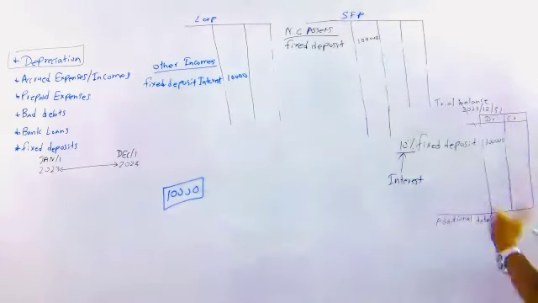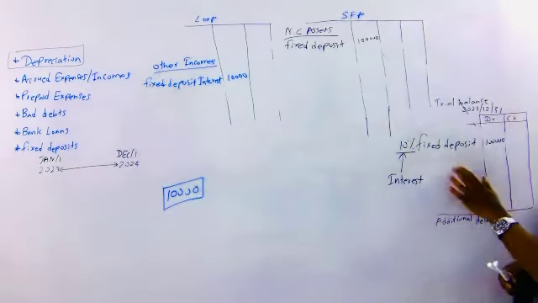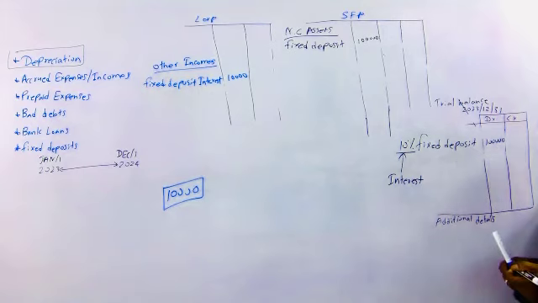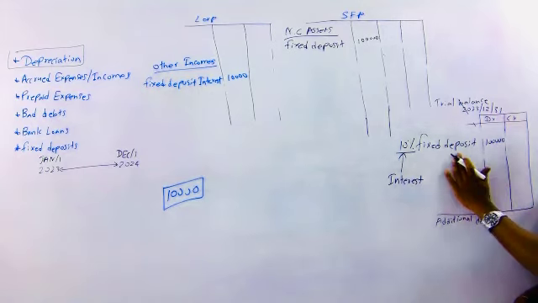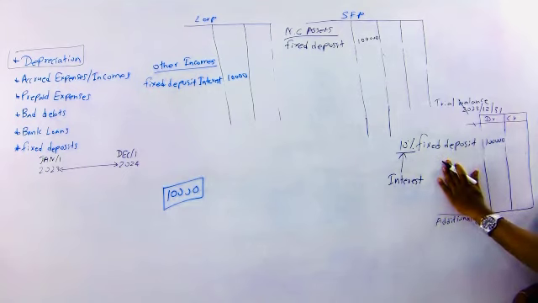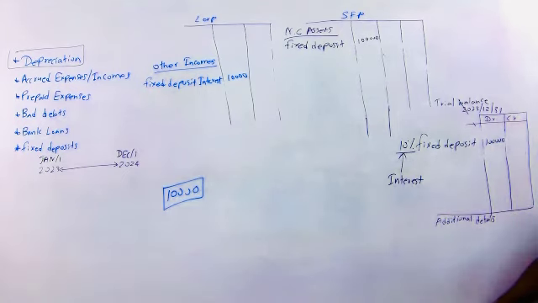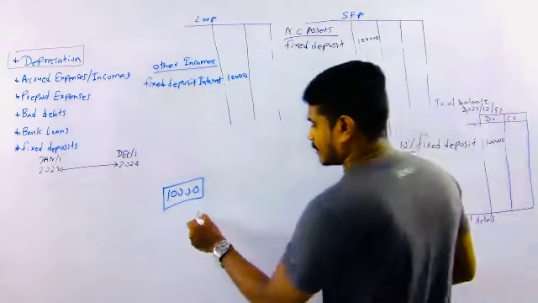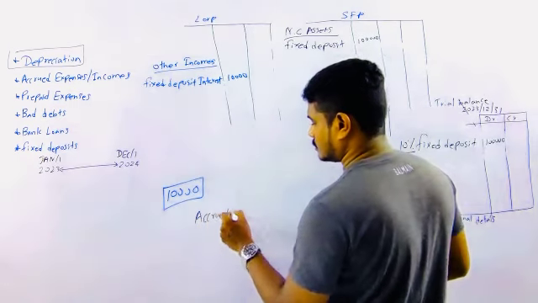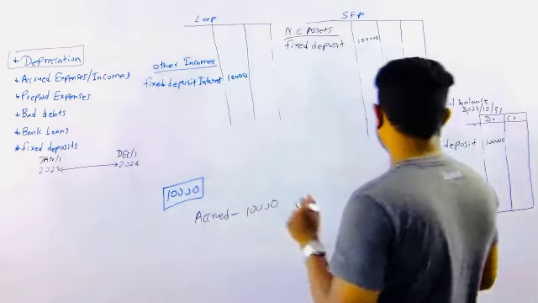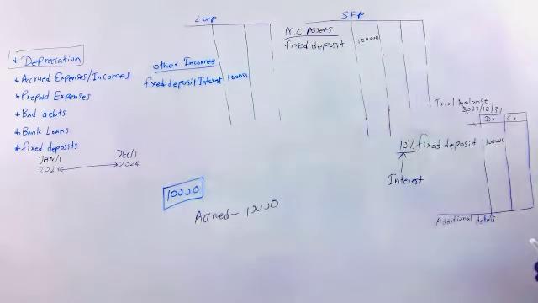Then we have to check like before. We have to check whether we received fixed deposit interest. If they haven't mentioned fixed deposit interest, it means it must be received, but haven't. It means accrued income. Accrued 10,000 of fixed deposit interest.